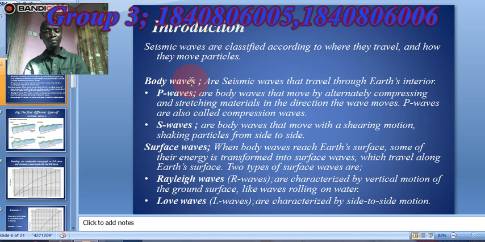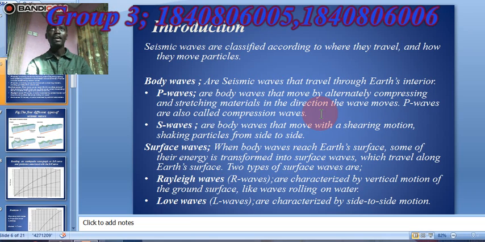The P wave is a primary wave. These waves move by alternately compressing and stretching materials in the direction the wave is traveling.